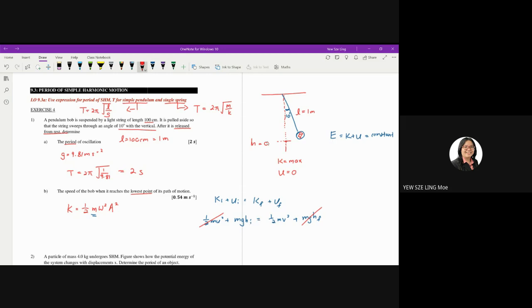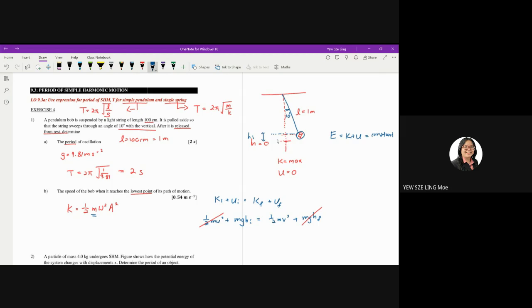Initially my bob is located here, and this is my h initial. Can I determine h initial? Yes, you can. How?